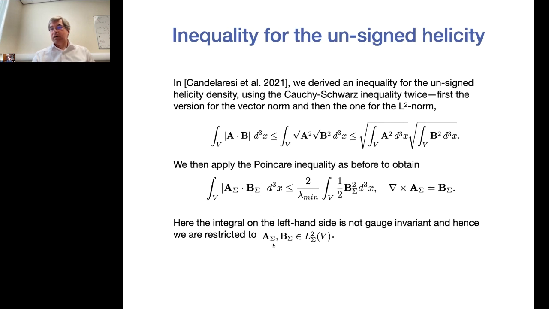So far our two vector fields, A sigma and B sigma, have to stay in this rather restrictive set L2 sigma, which requires the integral of B over any cross-section sigma to vanish.